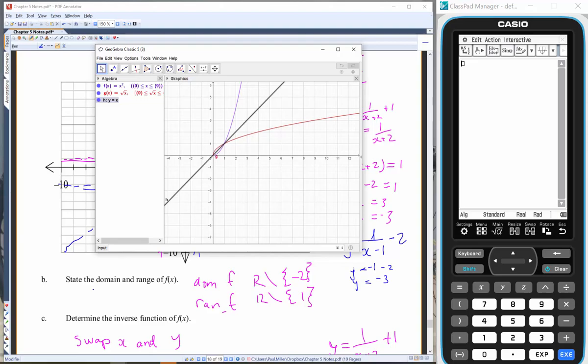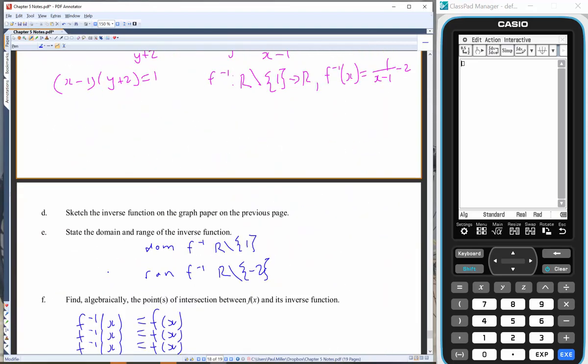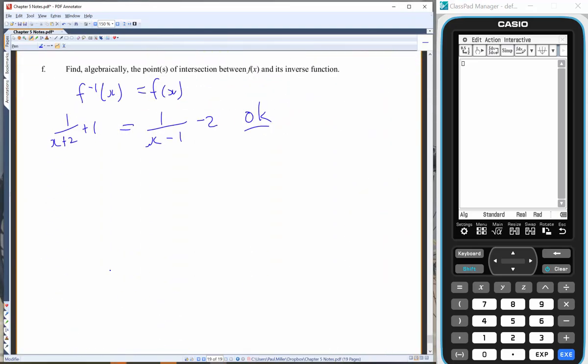Which, if that's the case, here's a much easier way of doing this very last problem. Instead of doing this, why don't we just take either the inverse or the original function?